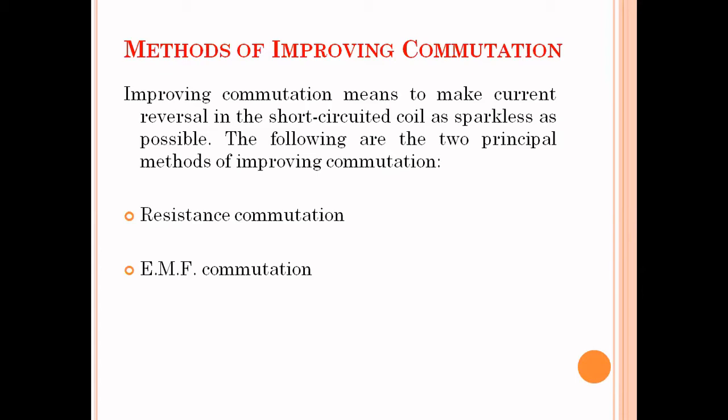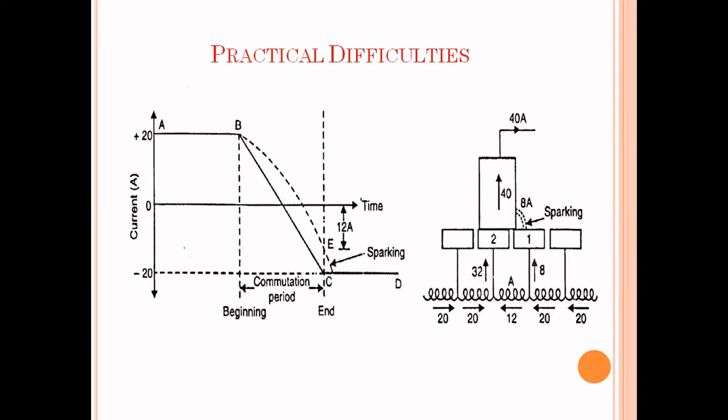So, methods of improving commutation. We know the problems in practical commutation. In the lecture on commutation, we discussed ideal commutation as well as practical commutation. In practical commutation, every coil, this is an armature coil, this is a commutator segment, this is a brush, practically has an inductance in it.